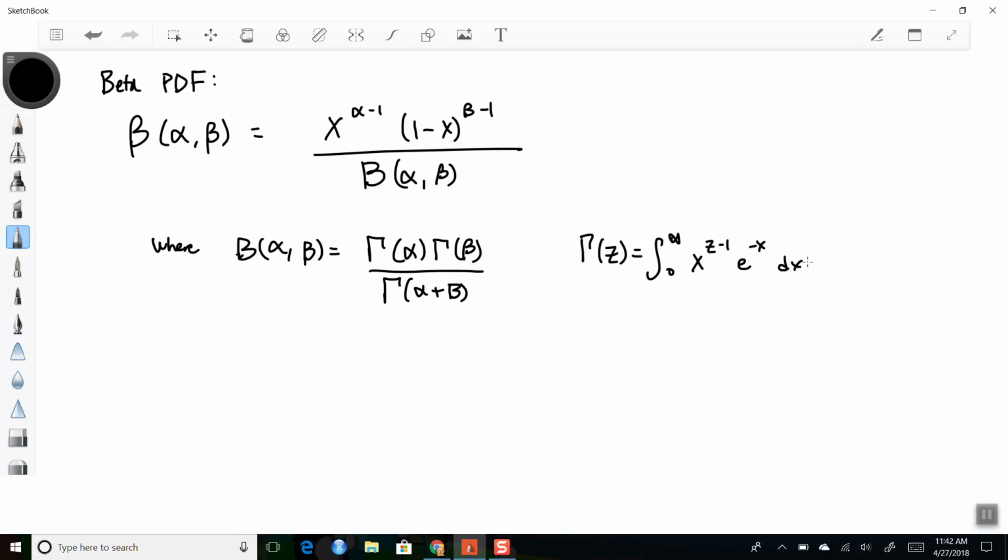You don't need to know what the gamma function is, but it looks a lot scarier than it really is. It's basically a continuous version of the factorial function. So if I say, what's 3 factorial, you would tell me it's 3 times 2 times 1, and you'd get 6.